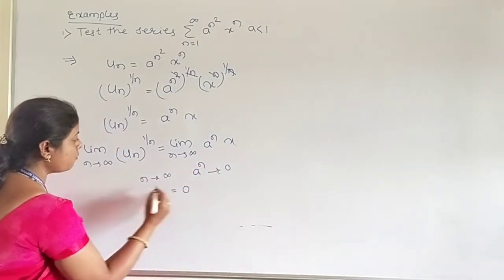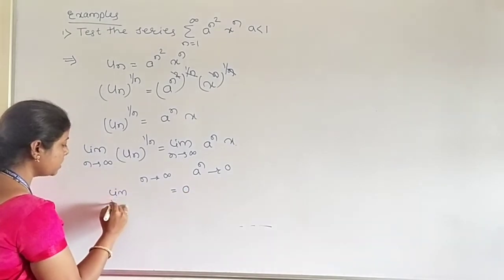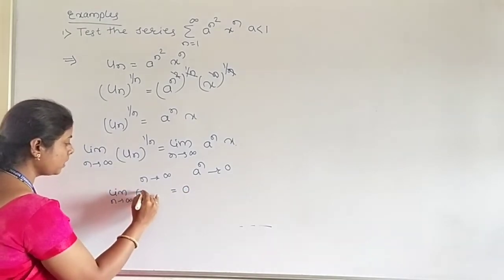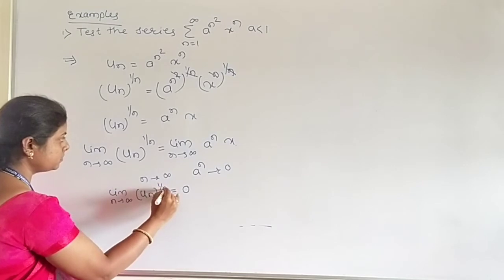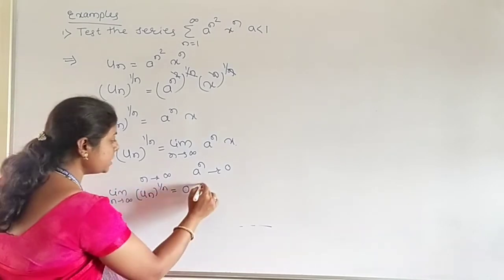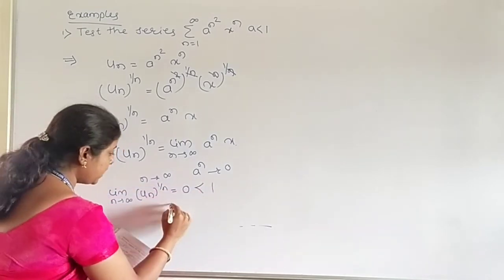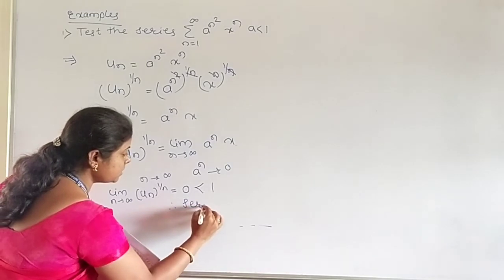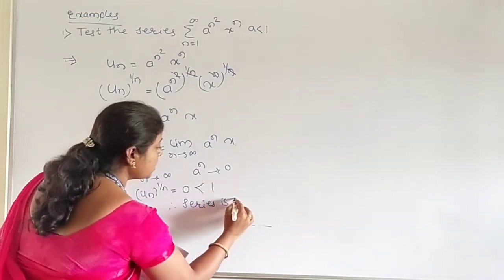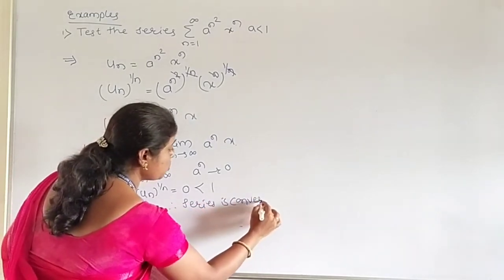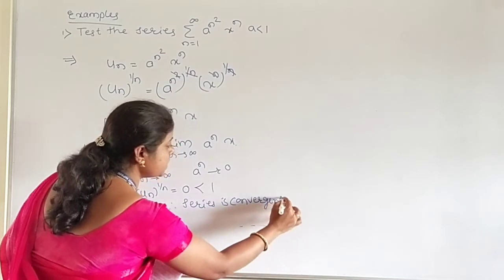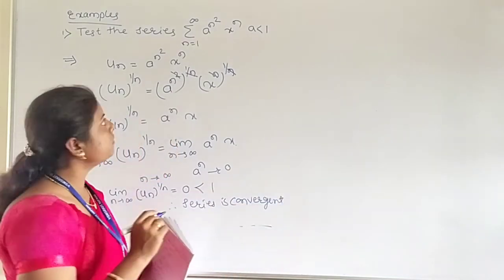Therefore, the value of this limit becomes 0. 0 is less than 1. Therefore, the series is convergent. You must compulsorily mention whether the series is convergent or divergent.